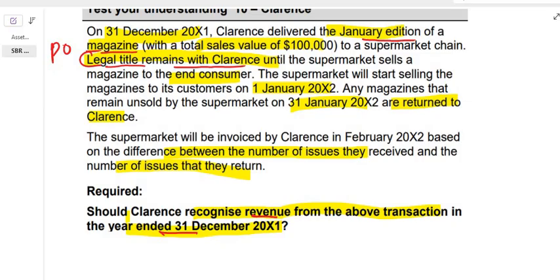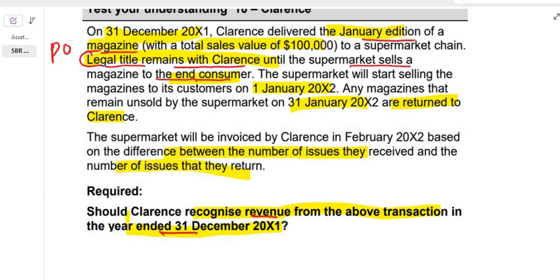They will not receive any money until then, because there is a return option. So this indicates that control is not transferred.